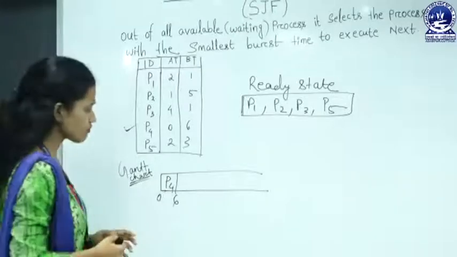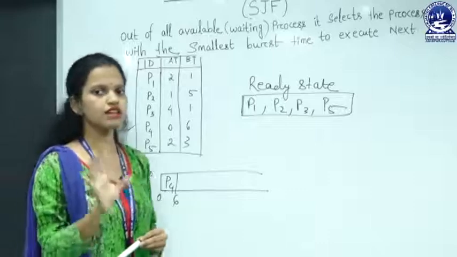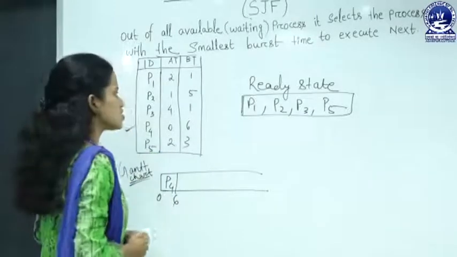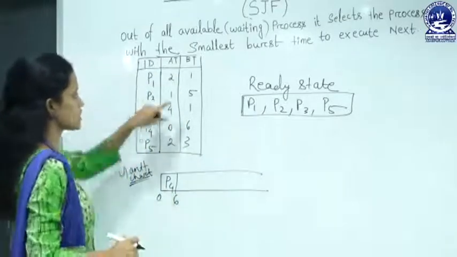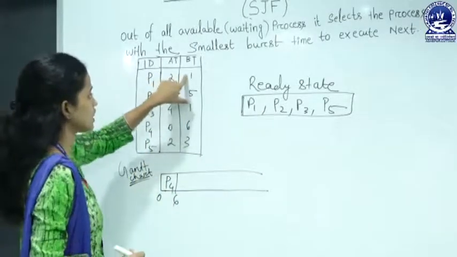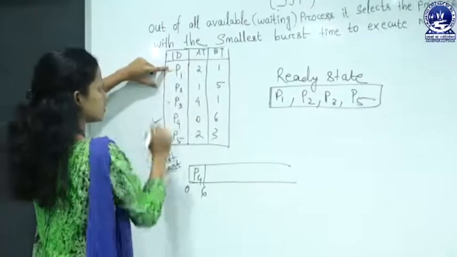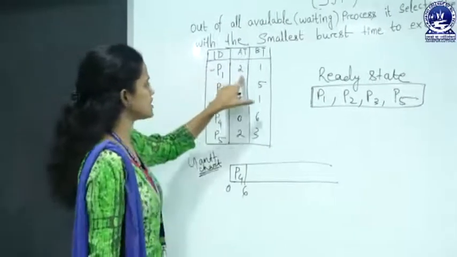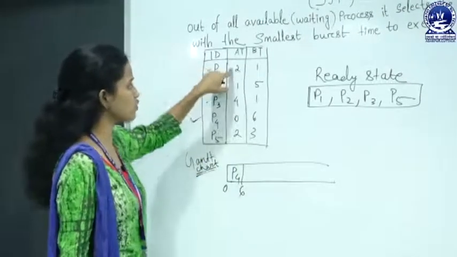Now we have to check which is having minimum burst time. So there is P1, P2, P3, P5. Check out the minimum burst time. The minimum burst time is 1, at P1 and P3. P1 has reached at 2 millisecond, P3 has reached at 4 millisecond. So 2 is less than 4.